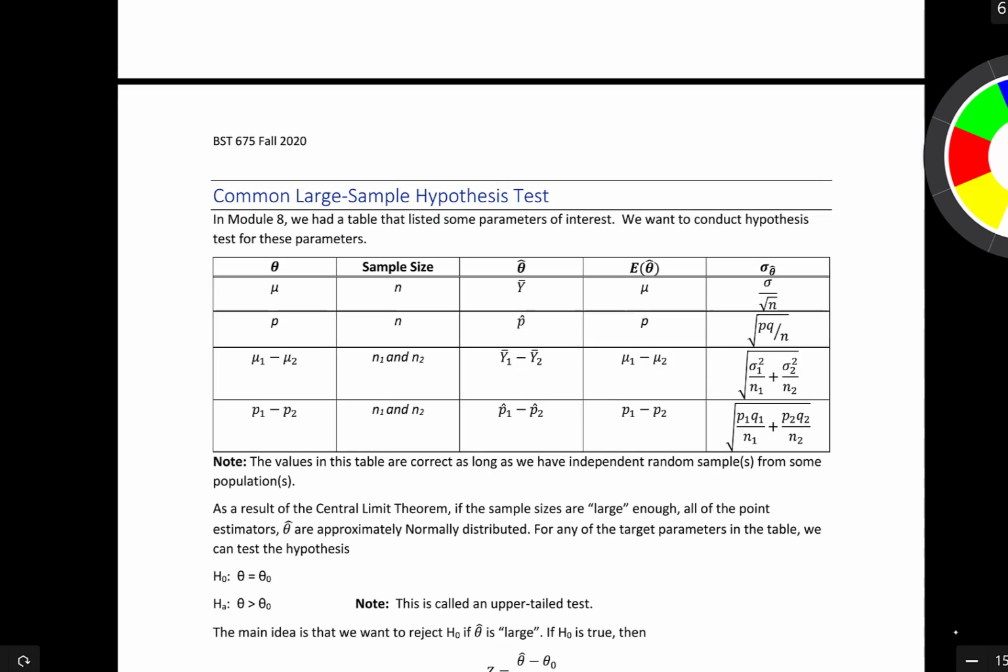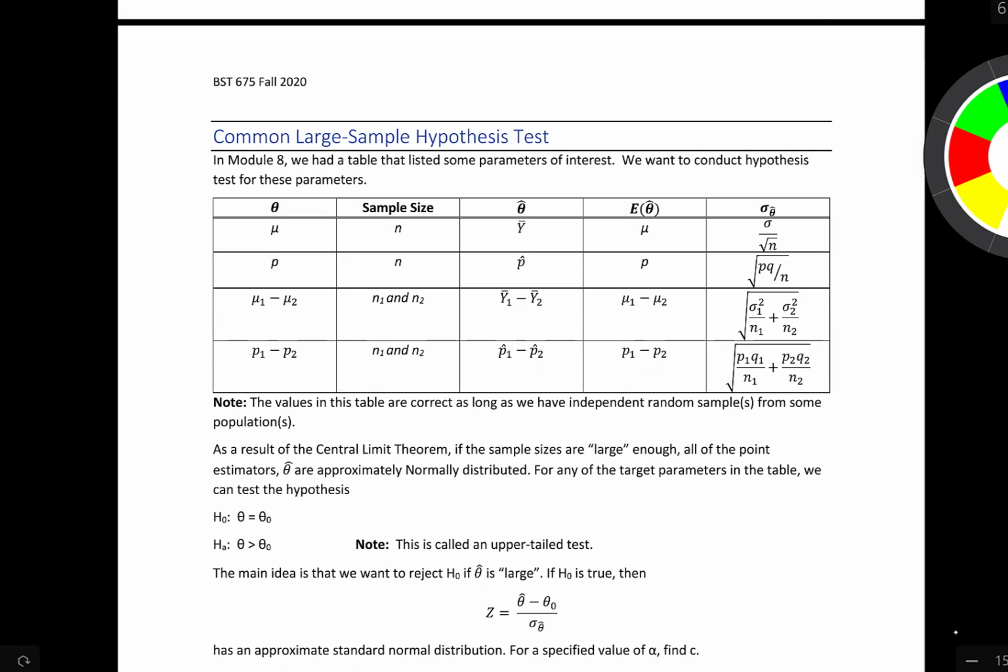All right, so we're going to look at some common large sample hypothesis tests. My suspicion is that this section is probably going to be completely review. You have seen these before. These are really just a reminder of these large sample hypothesis tests and seeing how they relate back to the sampling distributions that we have talked about before when we have large samples.